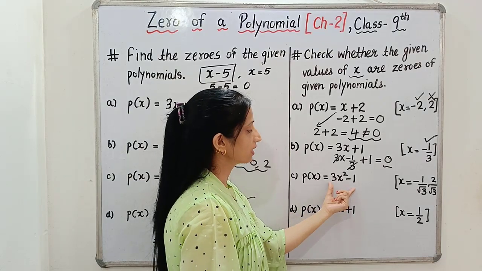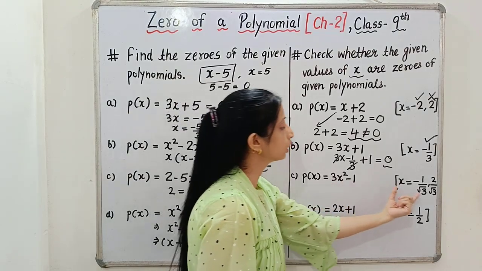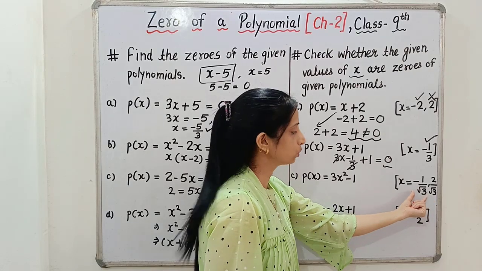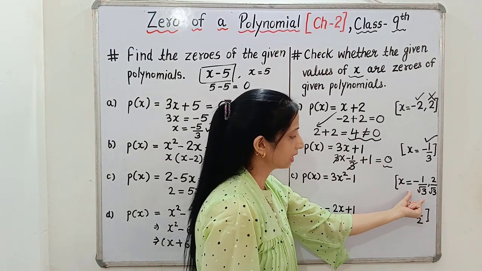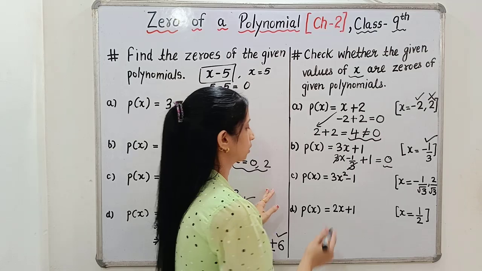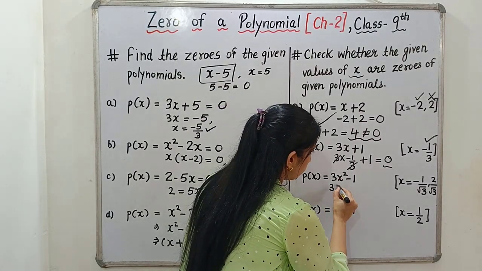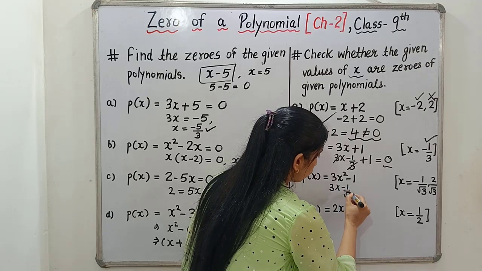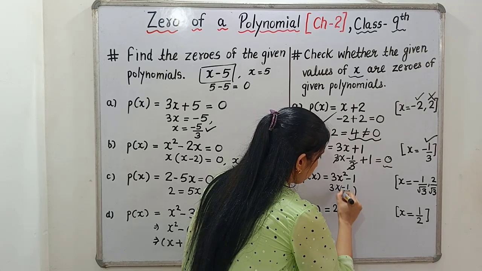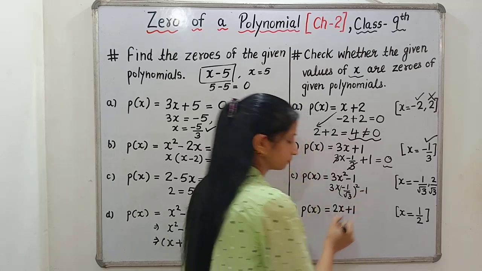Now it is given 3x square minus 1 and two values of x are given. We need to check one by one. So let's take the first one, minus 1 upon root 3. Let's put 3 multiplied by minus 1 upon root 3 square minus 1. Okay.